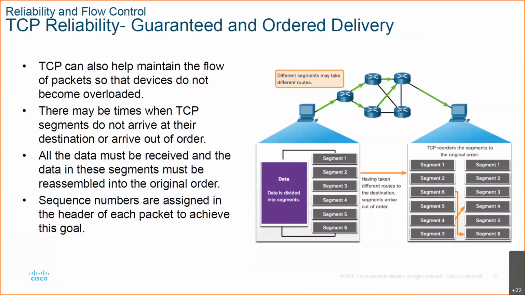That's the whole idea of TCP reliability, ensuring that data is sent in order and delivered. When you send your segments, they may not be in proper order, but TCP will reorder them so that the recipient will get them in a proper sequence.